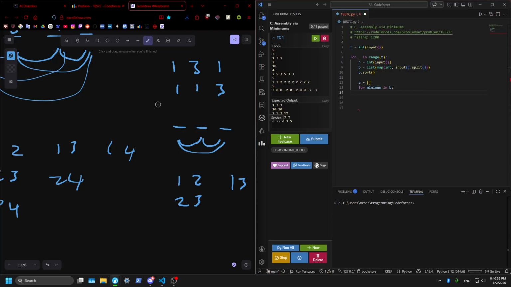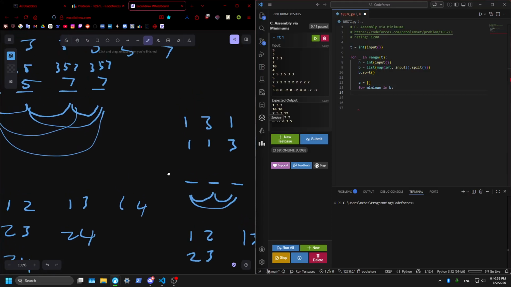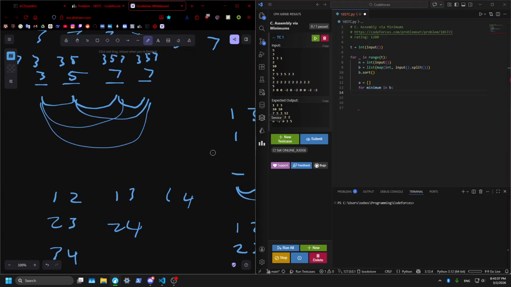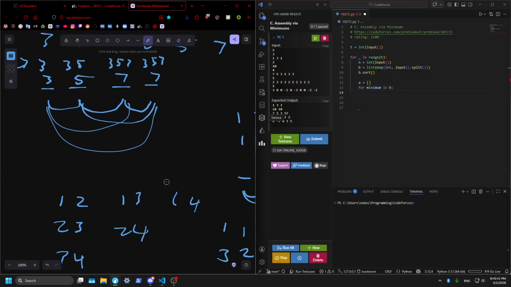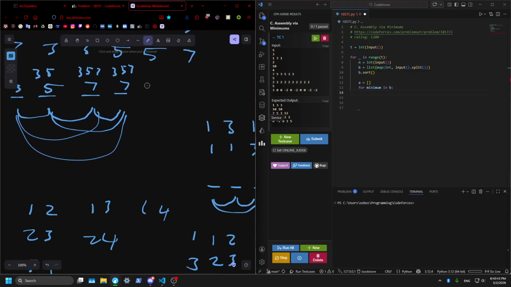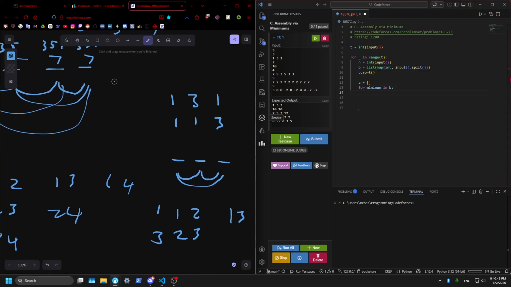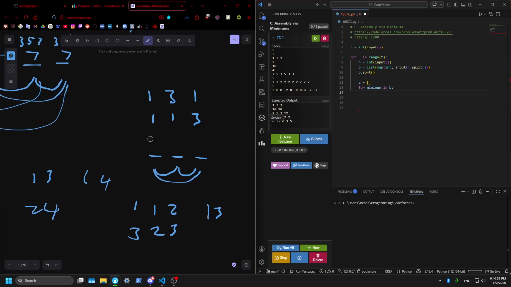Wait. For 1, possibilities for 3. We need a set of different numbers, and we just pick the largest. So 2 and 3, 3, 3, 1.